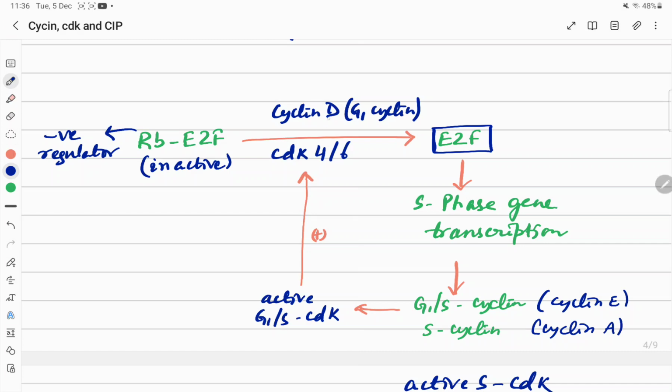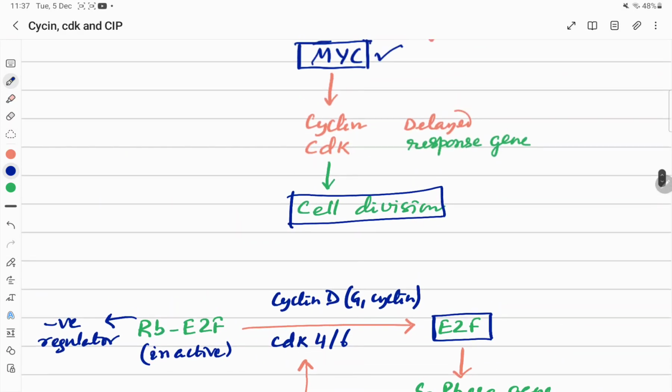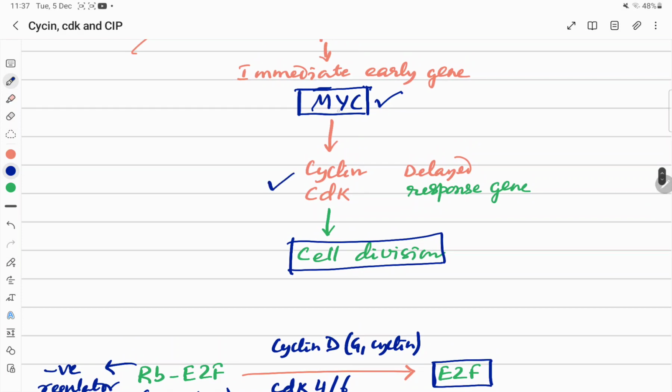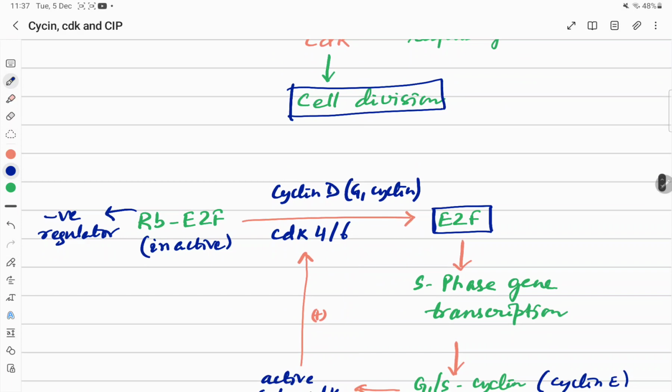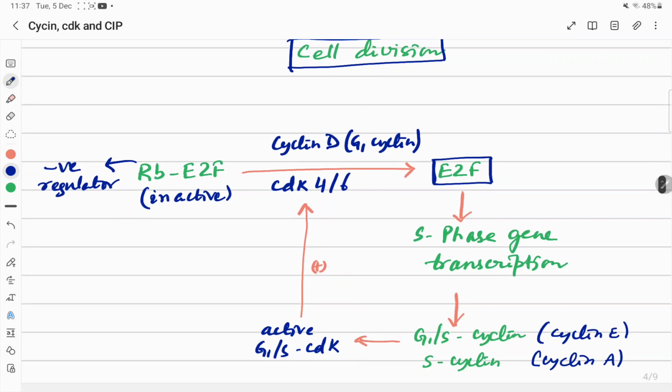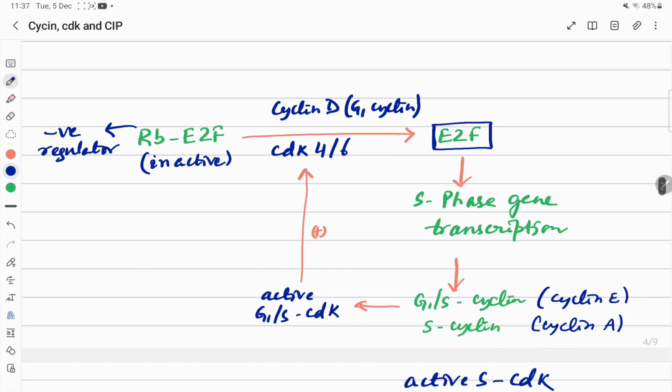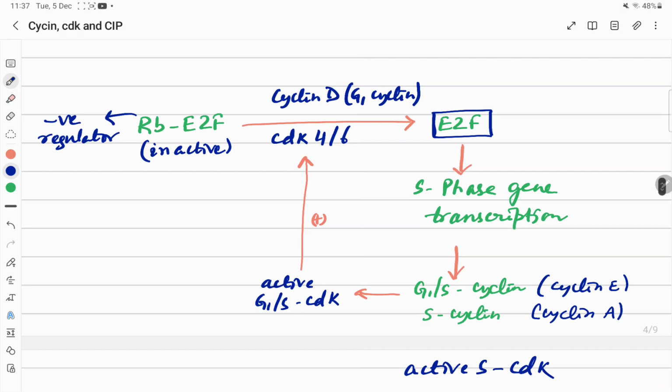And the Cyclin D and CDK4/6, so this MYC can produce cyclin, and Cyclin D, CDK4 or CDK6 complex can activate E2F by detaching it from retinoblastoma, and this E2F acts as a regulator of S phase gene transcription.